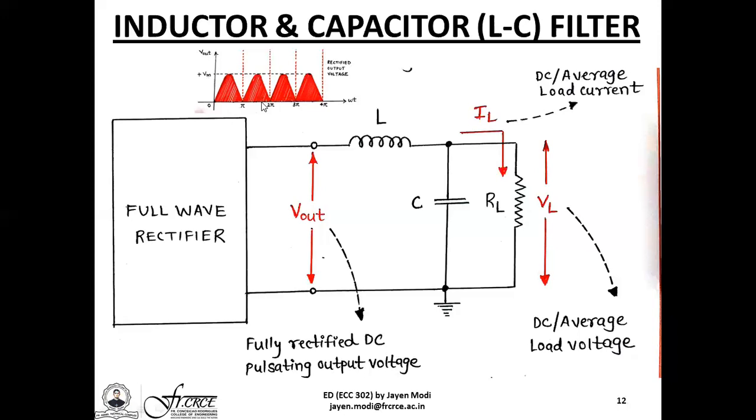And as we already know, ripple content for both rectifiers was approximately 48.34%. That is again very high. The job of the filter circuits was to simply minimize this particular ripple component.